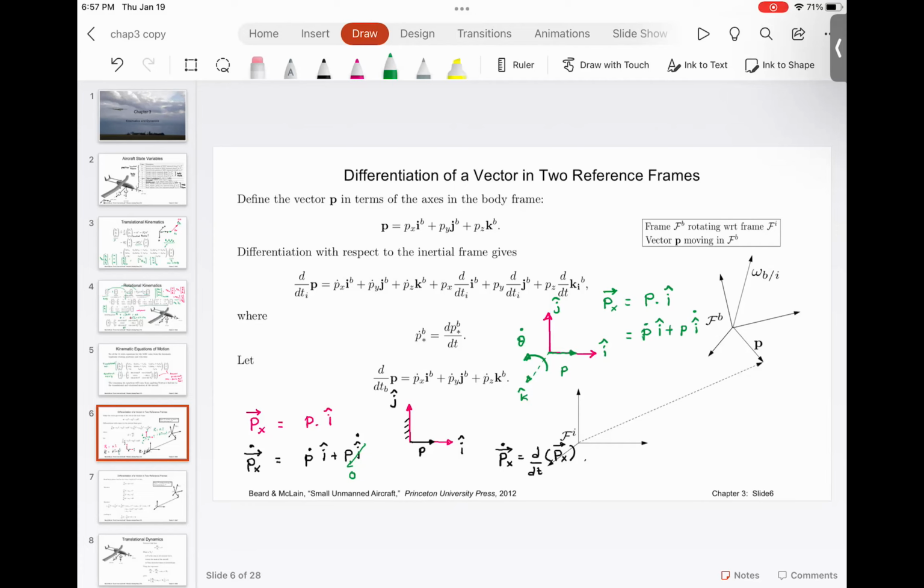In the case when the coordinate frame is rotating, would I dot be 0? I dot is not going to be 0. Why? Because I is changing with respect to time, and when I is changing with respect to time, it's going to have some type of derivative.